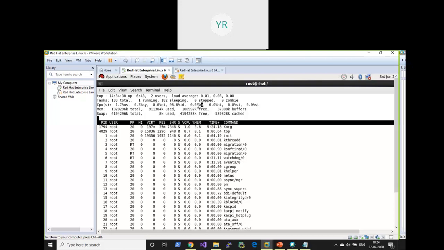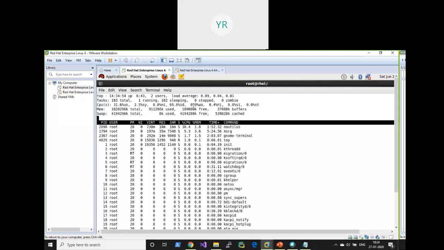The second possibility is that the read write process may be slow, that means you need to check your hard disk type. If it is some low class hard disk, then that will be slow. And sometimes if the hard disk is corrupted or broken, then the percentage of WA will be very high. So you can troubleshoot like that.